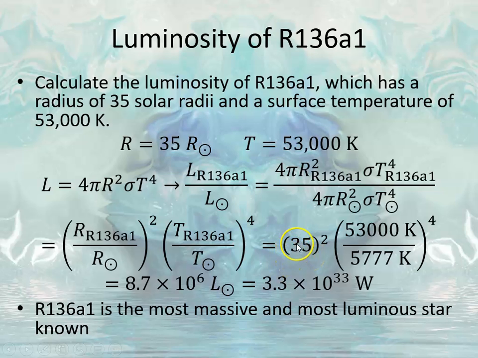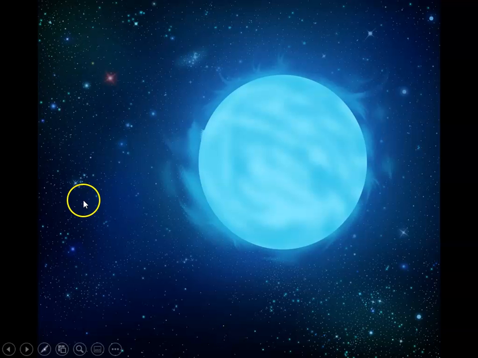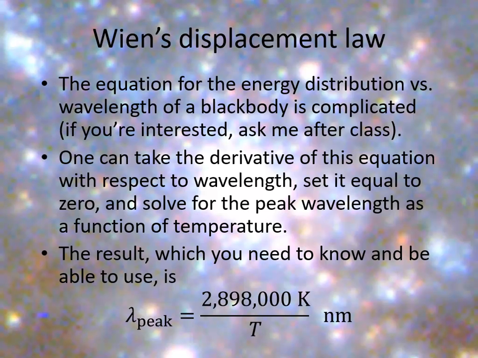And so that gets squared, but that temperature ratio gets taken to the fourth power. So R136A1 is 8.7 million times as luminous as our sun. It's actually the most massive star known, over 300 solar masses, and the brightest star that we know of as well. Here's an artist's rendition of this thing. And later in the course, I'll actually show you a picture of the cluster in which it lies.